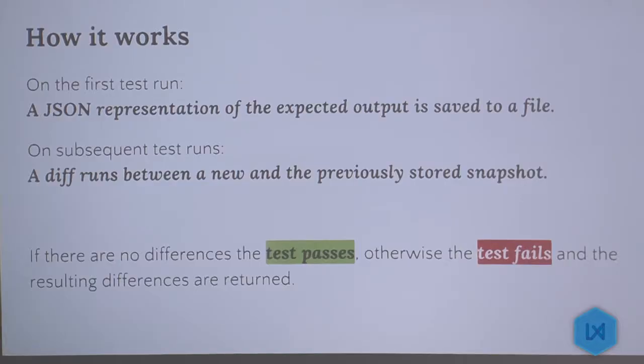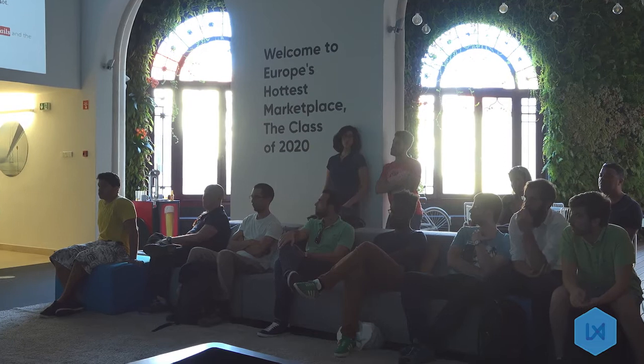Well, the first time we run a test, a JSON representation of the expected output is saved into a snap file. Then, the next time you run a test, it computes the difference between the new and the previously stored snapshot. If there are no differences, the test passes. Otherwise, the test will fail and the differences are returned.